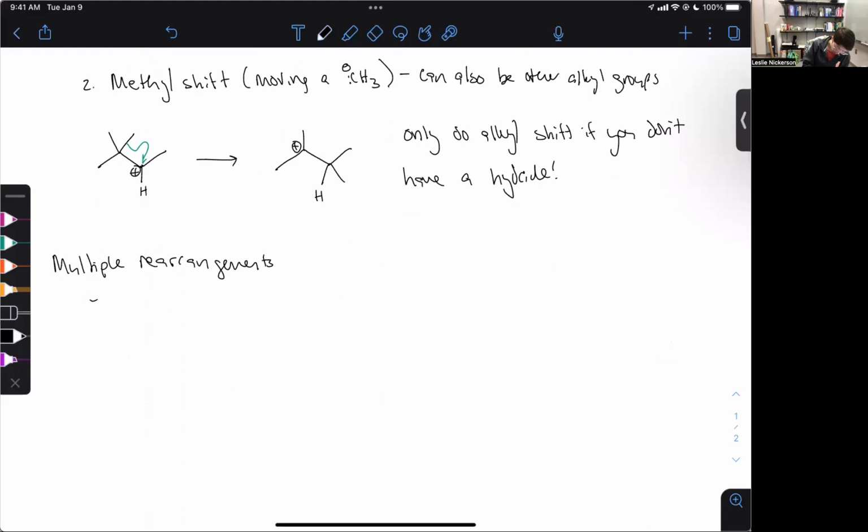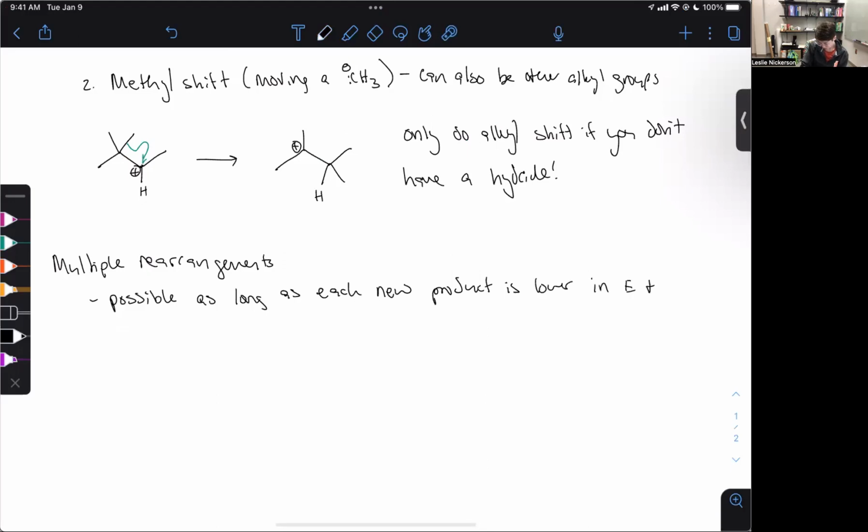They are possible as long as each new product is lower in energy than the previous. What I mean by that is we'll take a look at a couple of examples and make sure that every time we go through a rearrangement, we're ending up somewhere lower than where we started.